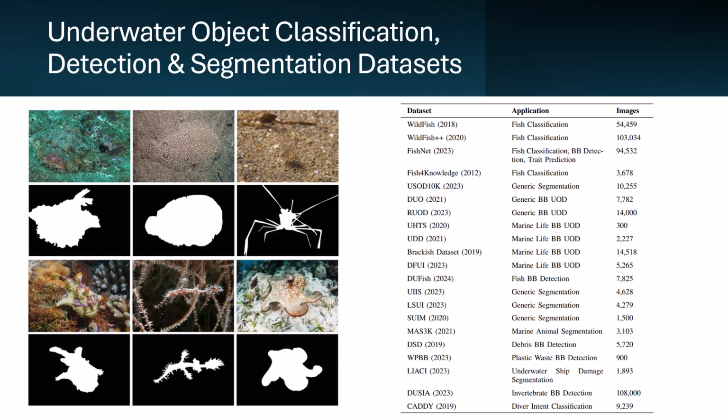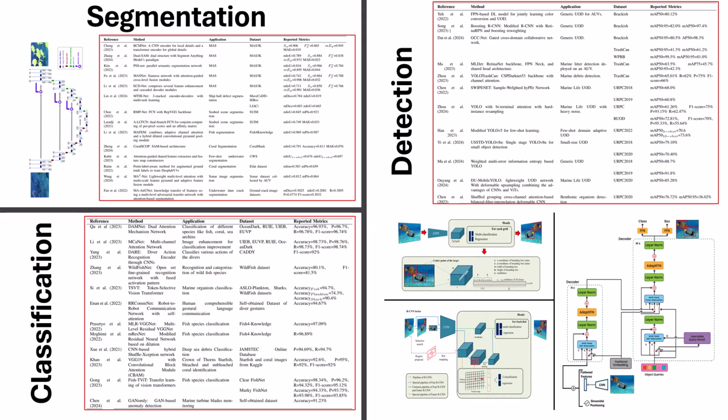For classification, recent work introduces specialized CNNs, transformers, and GAN-based models tailored to degraded underwater imagery for tasks like fish recognition, diver gestures, and debris identification. Underwater object detection is dominated by region-based CNNs, YOLO-style detectors, transformer-based architectures, and feature pyramid networks that localize targets with bounding boxes.